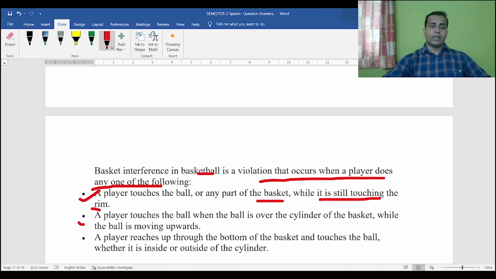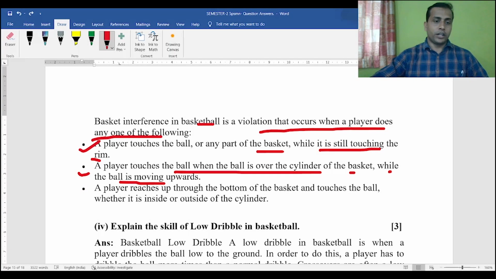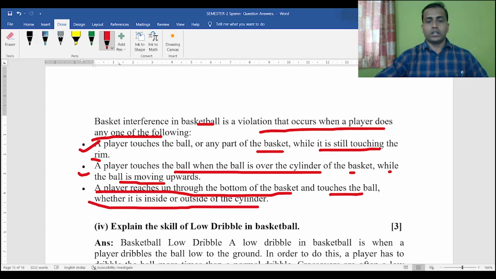Second, a player touches the ball when the ball is over the cylinder of the basket while the ball is moving upwards. The next occasion, a player reaches up through the bottom of the basket and touches the ball, whether it is inside or outside the cylinder. So these three occasions are considered interference in basket.